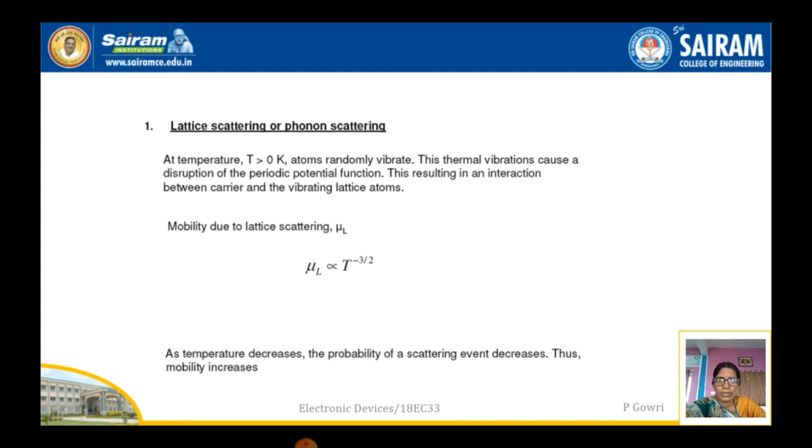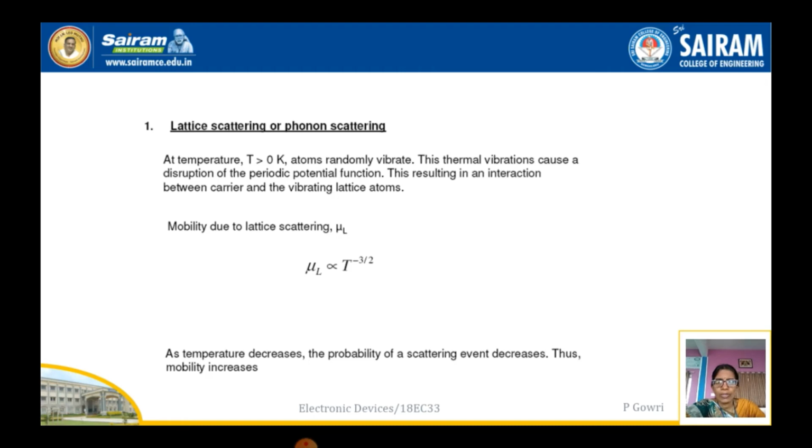This results in an interaction between the carrier and the vibrating lattice atoms. That is, when the temperature increases, there will be a collision or an interaction between the moving carrier as well as the vibrating lattice atoms. So because of this, the mobility decreases.